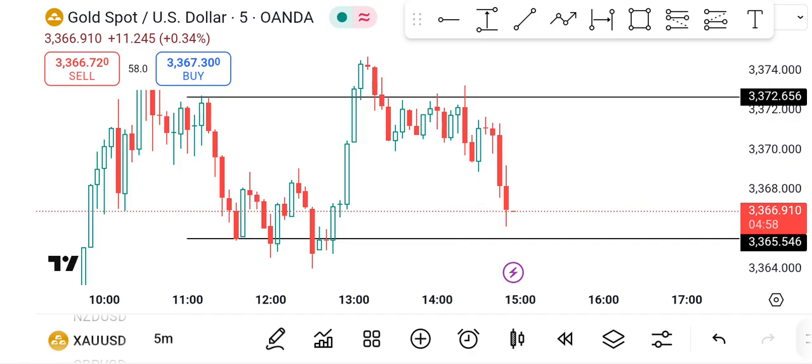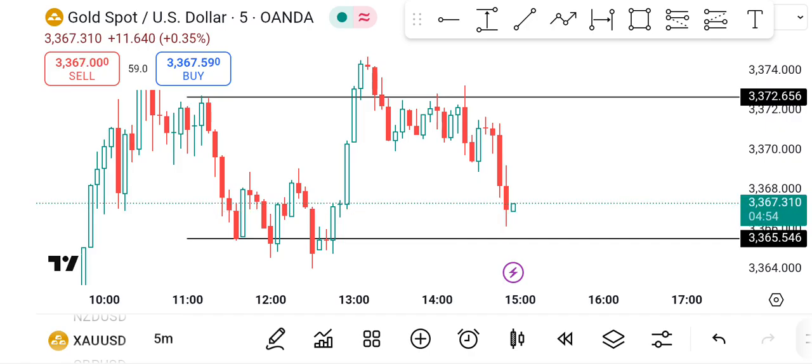After marking your CRT high on the 1 hour time frame and the CRT low, you scale down to the 5 minutes time frame for entries. As I have mentioned, the first entry model is the order block. It is the last up close or the down close after sweeping the high or low of the CRT candle.